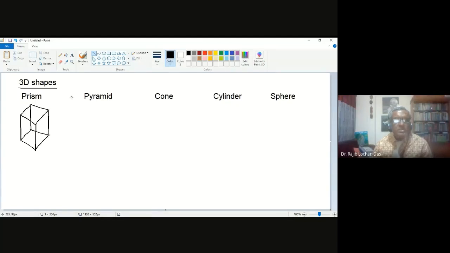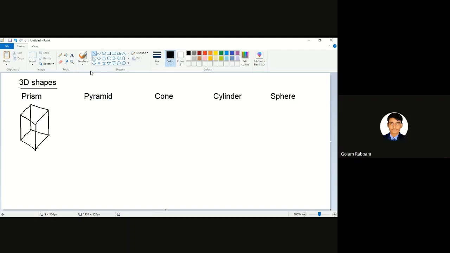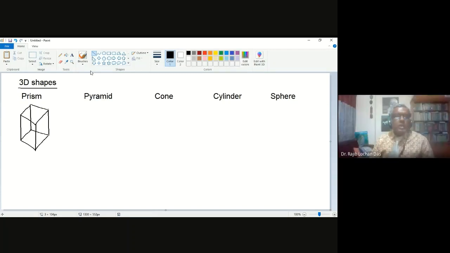You understand what I say? Yes, sir. You can have any floor. Say a pentagon is the floor, possible. So the same pentagon is the roof, and then you have all the lines joined, all the corners joined like this. So that will be called prism.